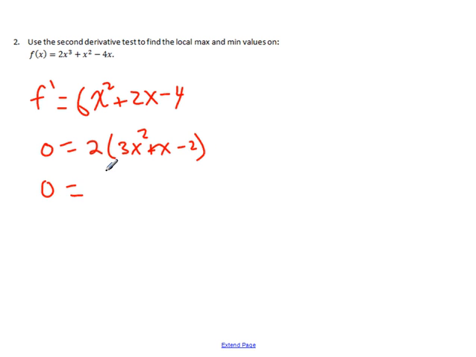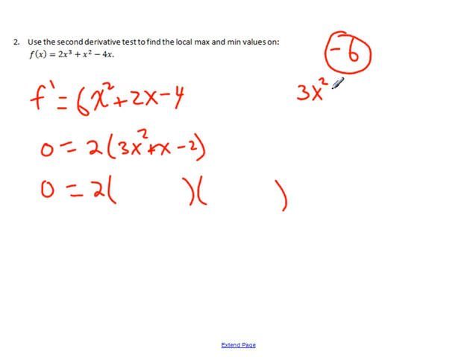The leading coefficient is not a 1. The way that you can do this for sure is you say 3 times 2 gets you negative 6, and then you say what multiplies to get negative 6 and adds to get 1, this middle term, and that's 3 and negative 2.